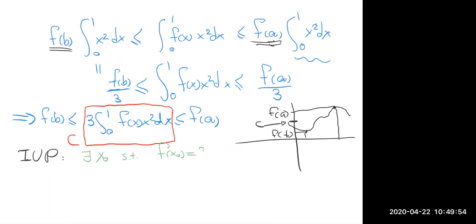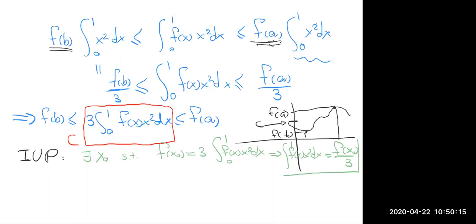But what is c? c is 3 integral of f of x squared dx from 0 to 1. Just divide everything by 3. It means integral of f of x squared dx from 0 to 1 is equal to f of x naught over 3. That's what we were supposed to prove.